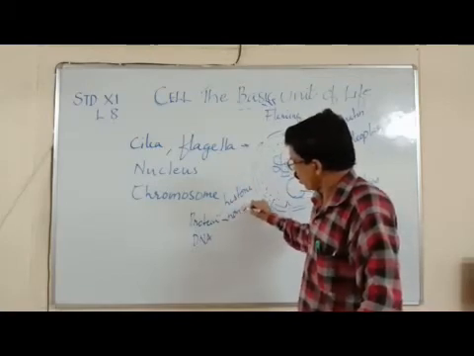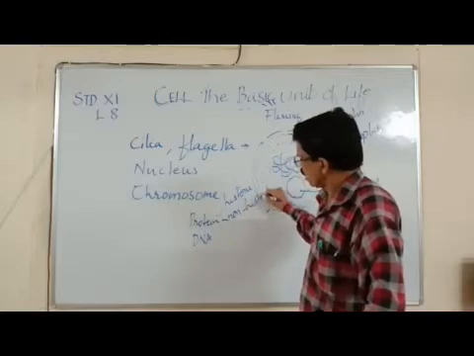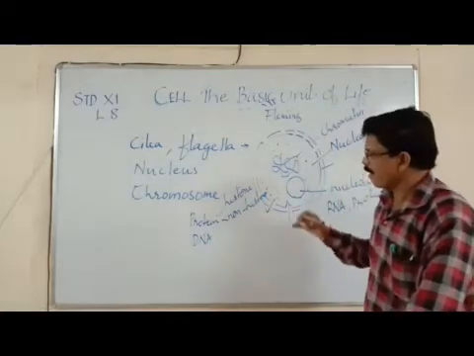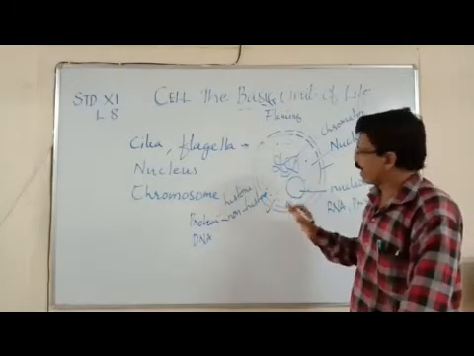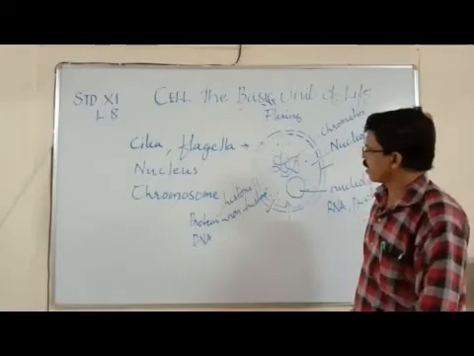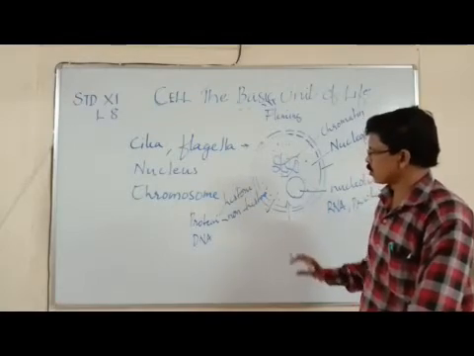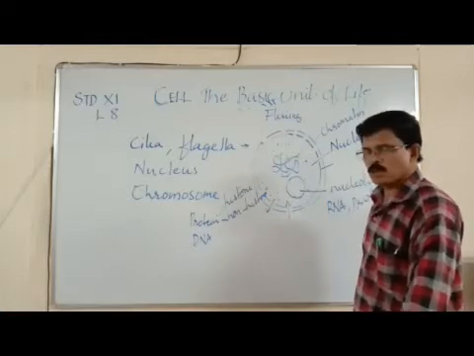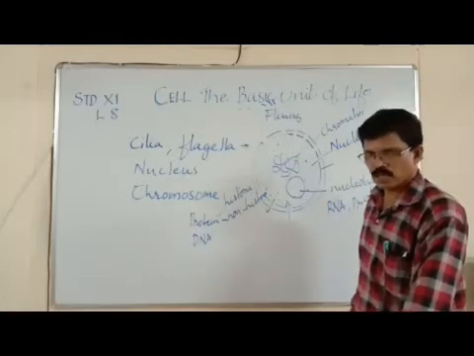Histone and non-histone proteins act as the cementing material which holds the DNA strongly. So DNA is held together by histone as well as non-histone protein, and that forms the chromosome. Chromosomes are visible at the time of cell division.